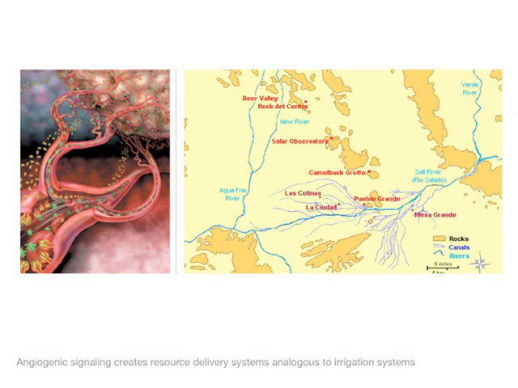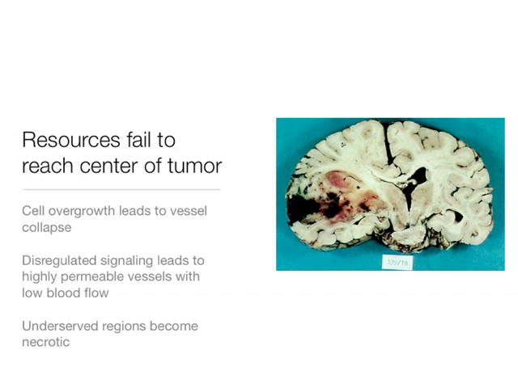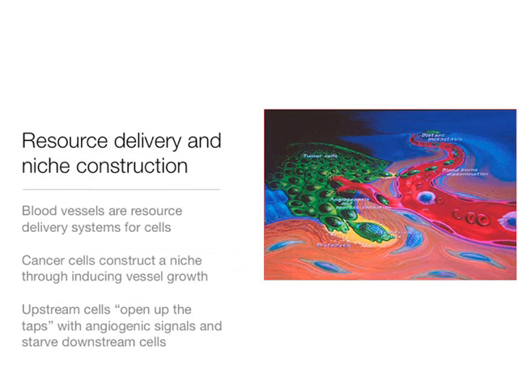So in other words, the upstream cells may be kind of opening up the taps for themselves with angiogenic signals, and that may starve the downstream cells, which could be part of why we see hypoxia in the middle of tumors. But this is, of course, an area that we need to do more research in to find out exactly how these influences occur, at what scale, and whether this theoretical framework is the appropriate one for understanding how angiogenic signaling occurs.